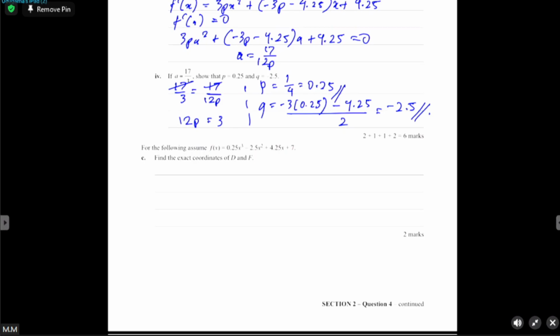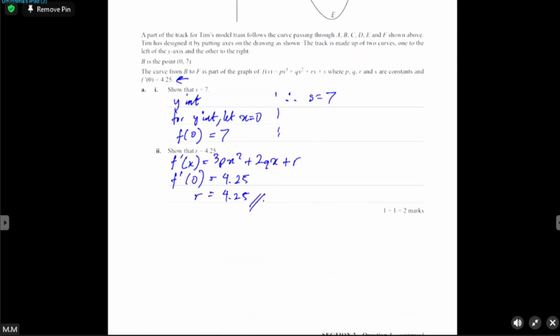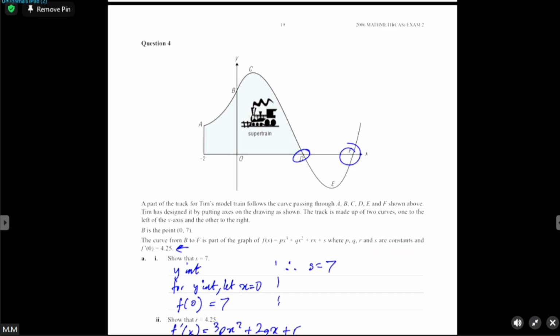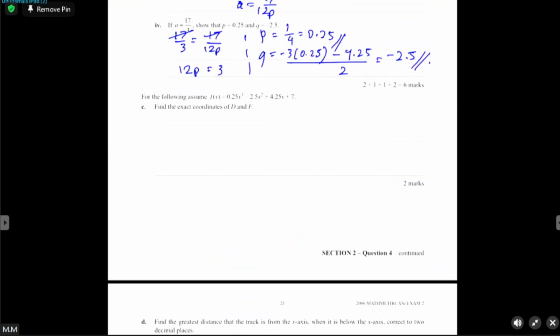So to find the coordinates of D and F, these are just x-intercepts. So let y equal 0, so 0.25x cubed minus 2.5x squared plus 4.25x plus 7 is equal to 0.